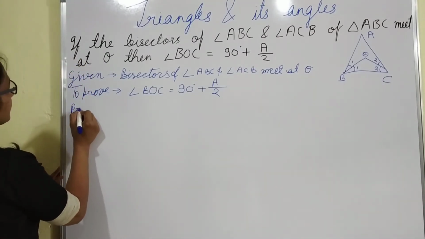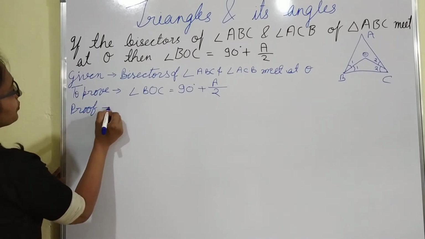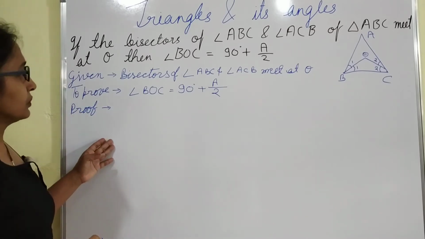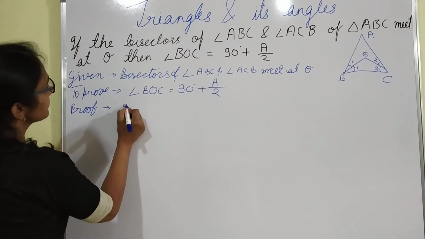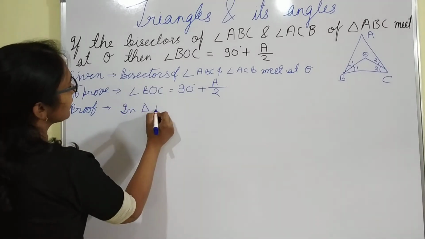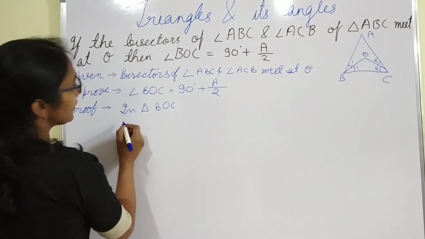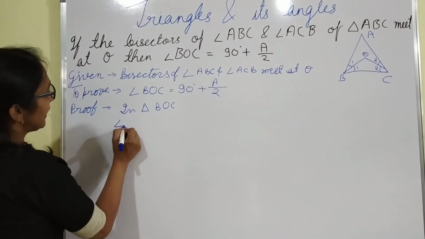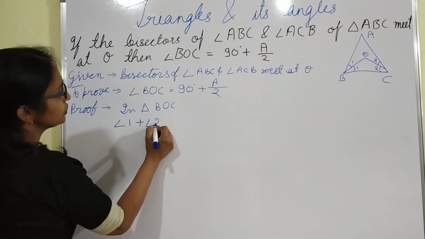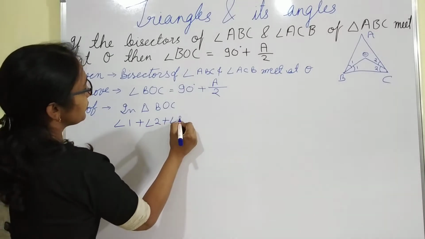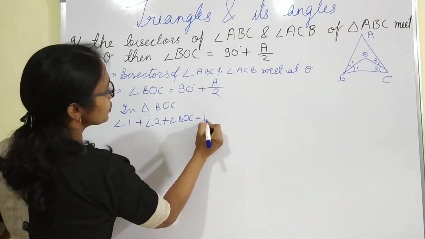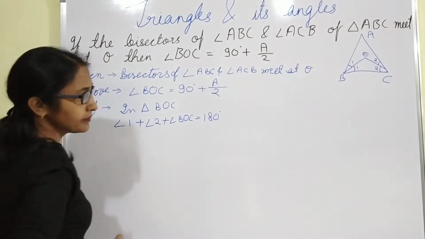Now start. Proof. So, in triangle BOC, angle 1 plus angle 2 plus angle BOC equals to 180 degree.